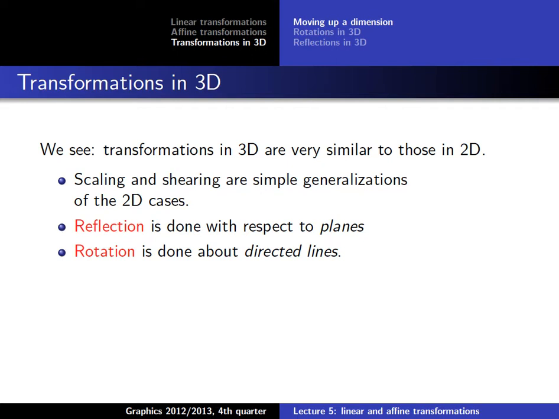For rotation and reflection, we can reflect not necessarily on lines, but in 3D, for example, we also want to do, or more often want to do, a reflection with respect to a plane. And a rotation, in 2D we rotate usually with respect to a point. In 3D we often rotate with respect to a line, or like I wrote it here, a directed line.